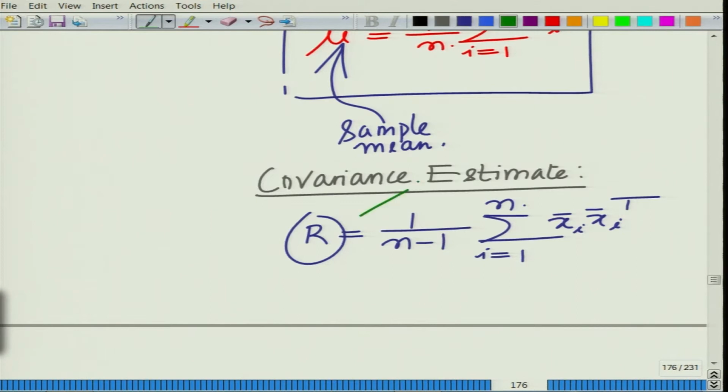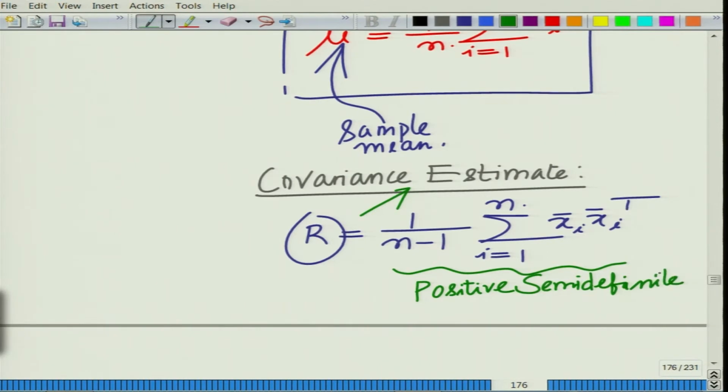This is your covariance estimate, and you can see this is a positive semi-definite matrix.